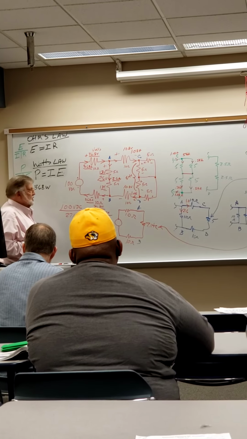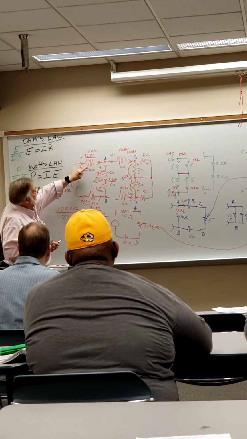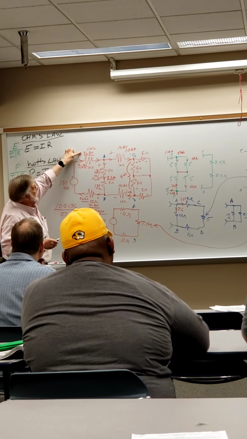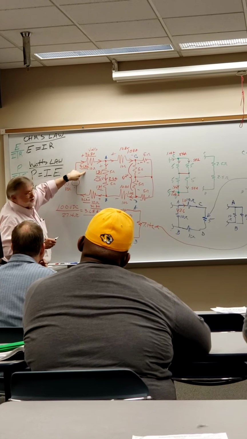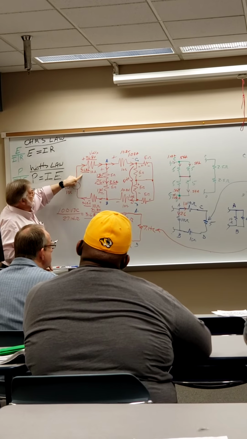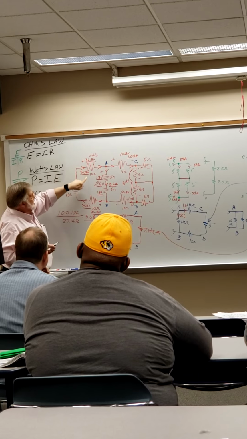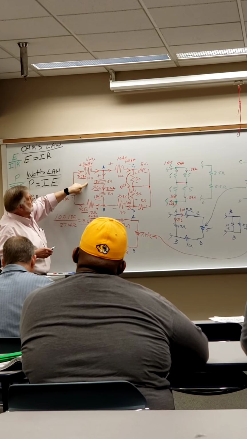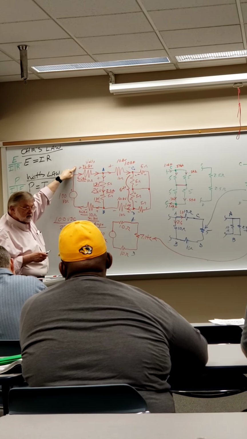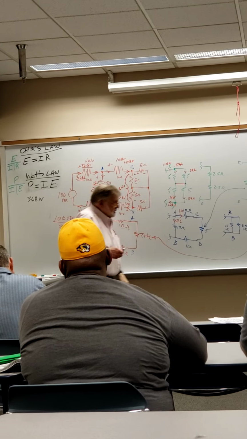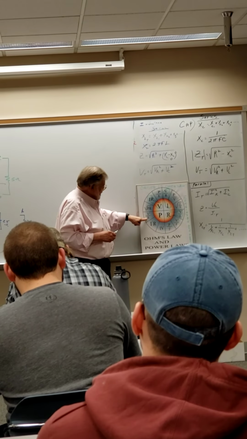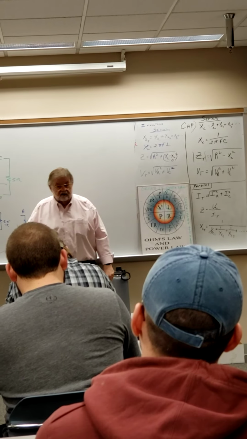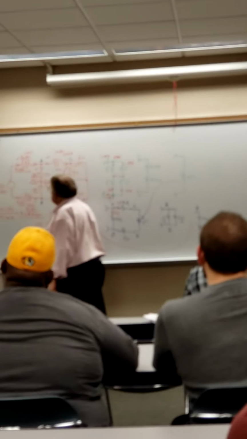Now I just start subtracting. Here I have 36.8 volts, and the current is 3.68. I could multiply the current times the voltage, or I could take the resistance and multiply it by the current squared, or take the voltage squared and divide by resistance. Any of those three will give me the wattage.